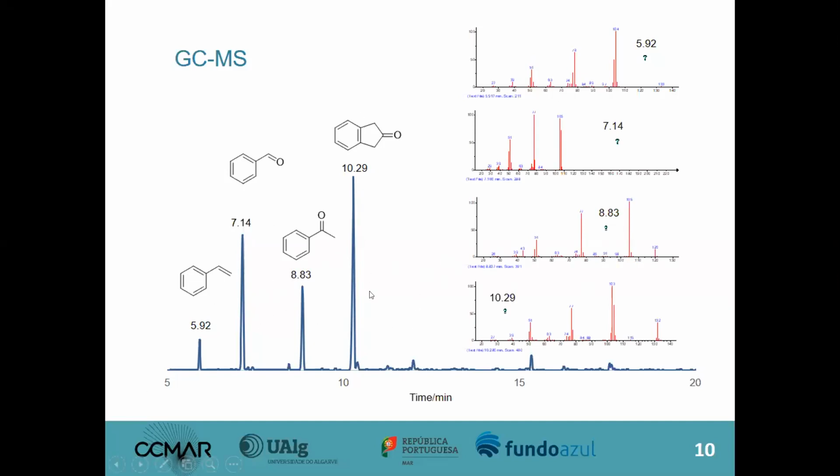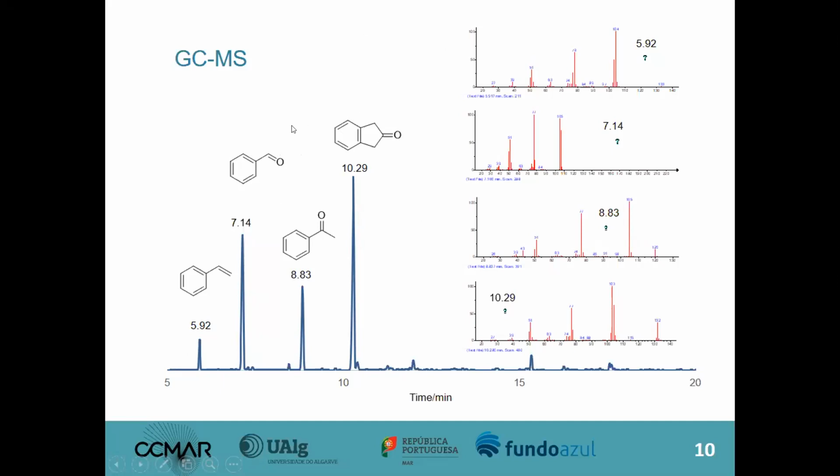This is a distribution of products that resulted from the pyrolysis of a standard of polystyrene. Very interesting is that you have compounds with oxygen here, and oxygen also here. You have 3 oxygens. So the products that are being formed include oxygen.